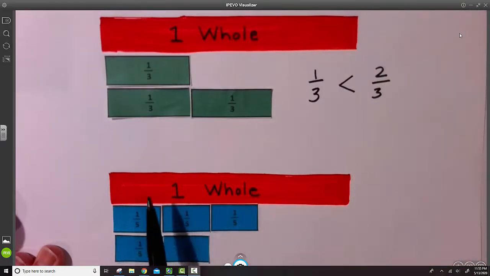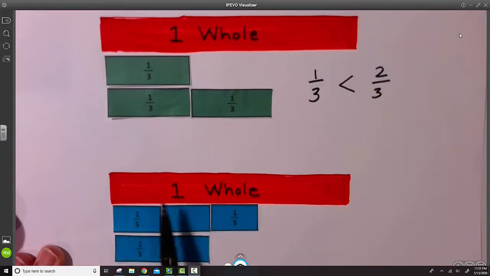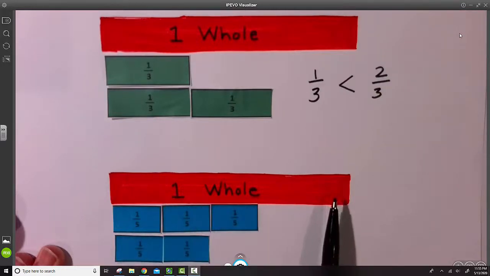The same holds true in our second example. We have the whole here with the red bar, and now we're comparing unit fractions of 1/5. There are 5 parts in this whole. So you can see we have 1/5, 2/5, 3/5. This line represents 3/5, and we are comparing that to 2/5.